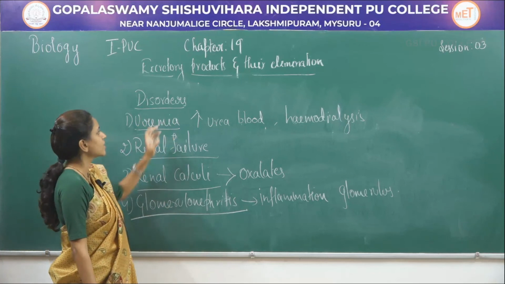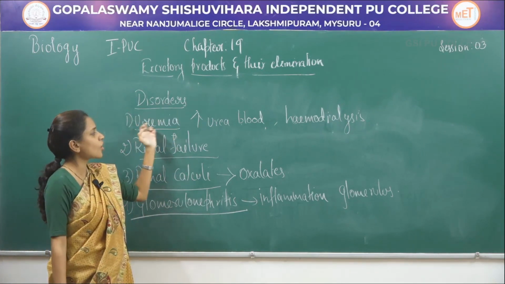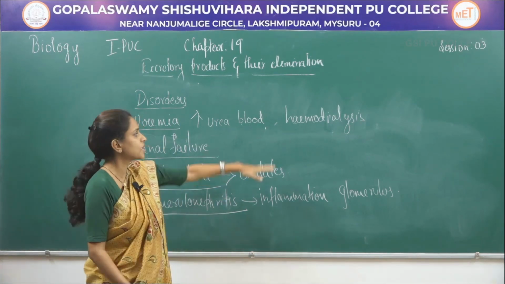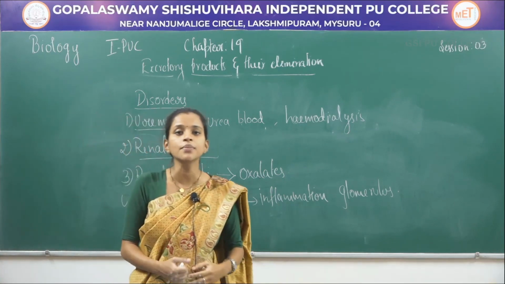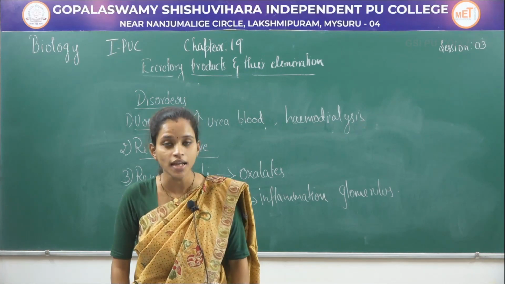These are the 4 different disorders coming under the human excretory system. The first disorder is uremia, when there is an increase in the urea in the blood, which can be treated by hemodialysis using the dialysis chamber containing the porous cellophane tube and the dialysis fluid without any urea.